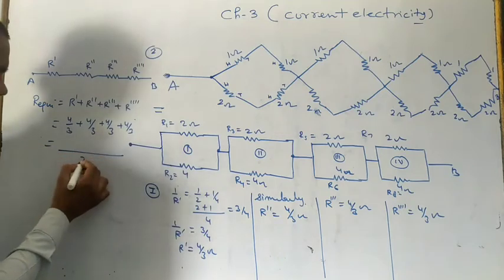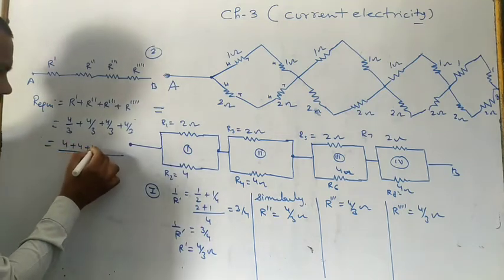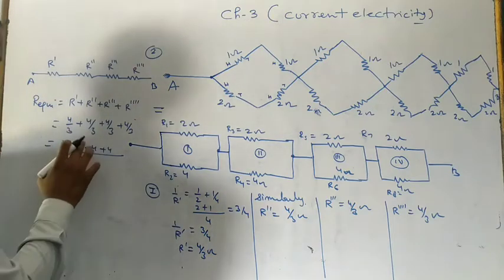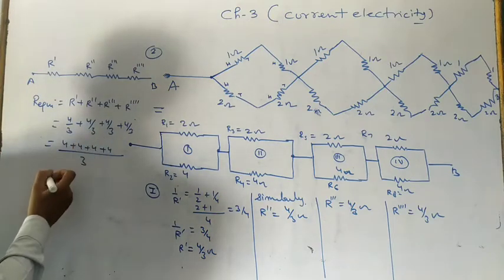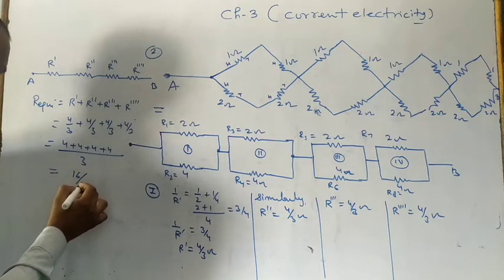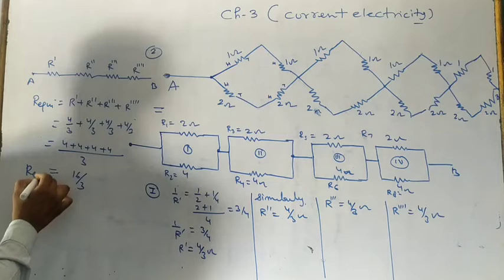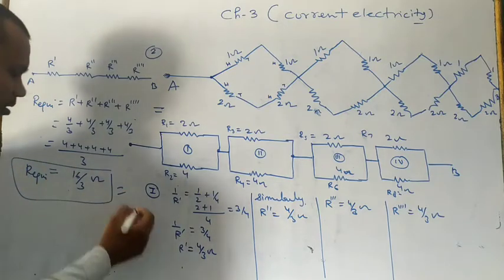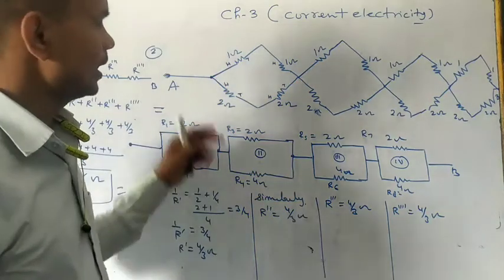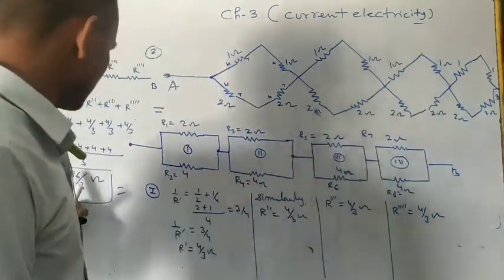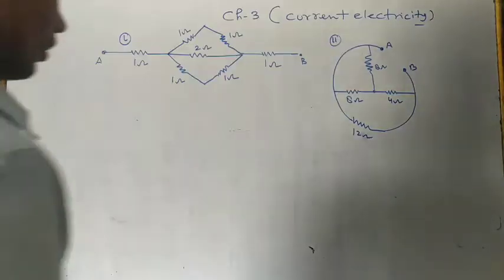LCM is 3, means 4 plus 4 plus 4 plus 4, so what we are getting is 16 by 3. So R equivalent is 16 by 3 ohm, means the equivalent resistance of the given network is 16 by 3 ohm.